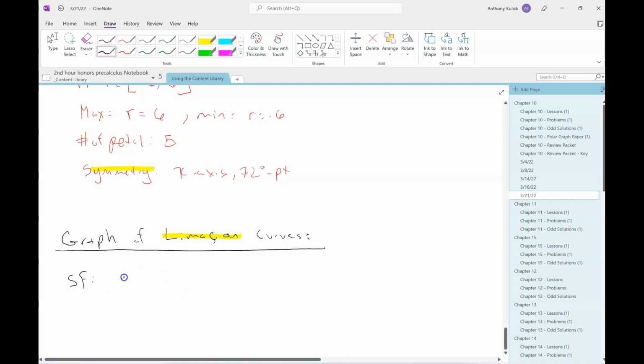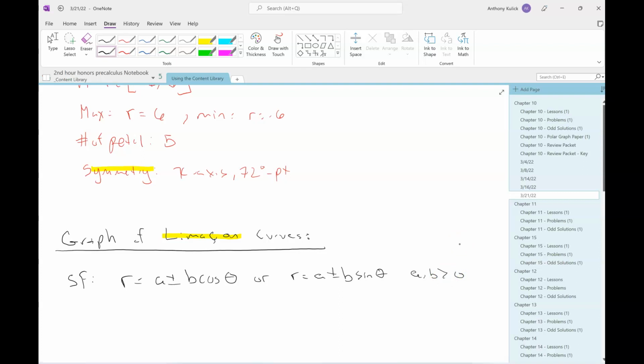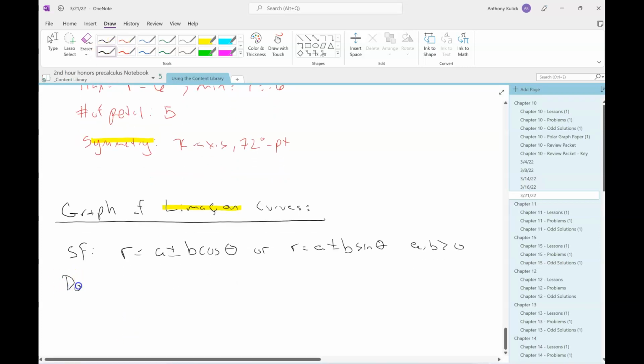All right. So the limaçon curves. Let's talk about those guys.